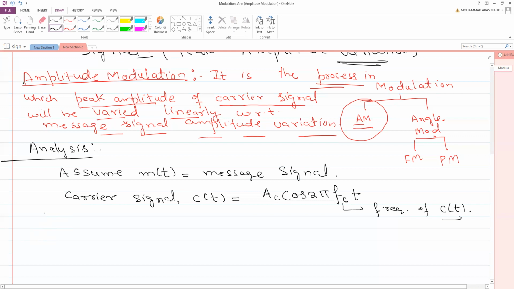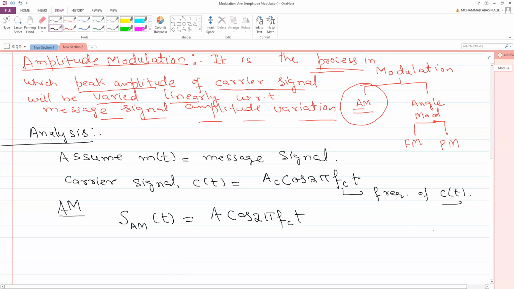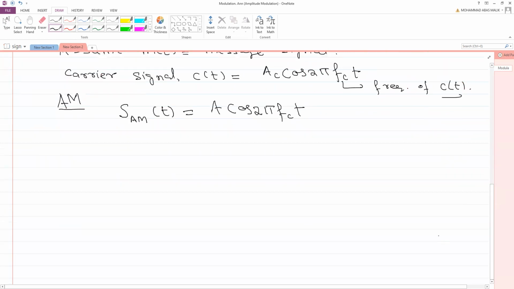So the amplitude modulated wave, finally after modulation what you get, you can represent by s_AM(t) equal to A cos 2 pi fc t.